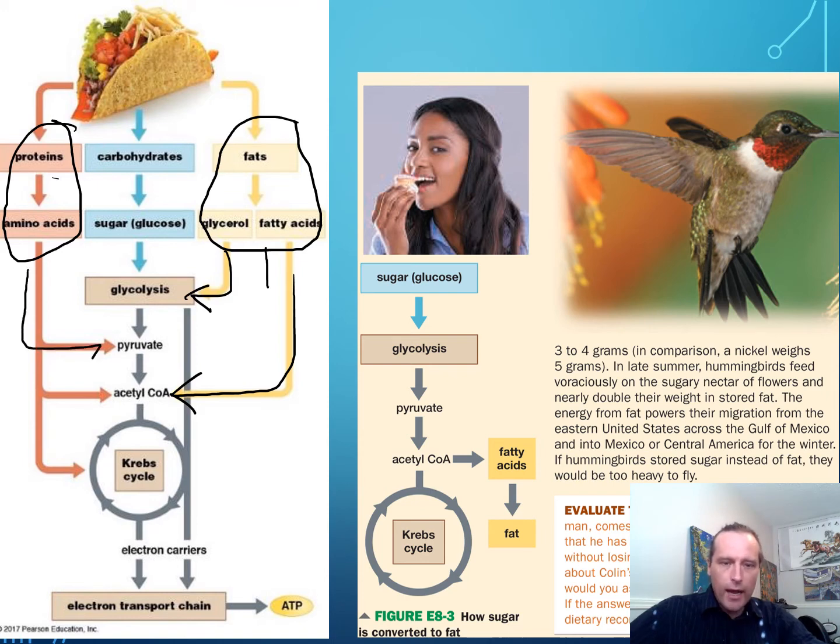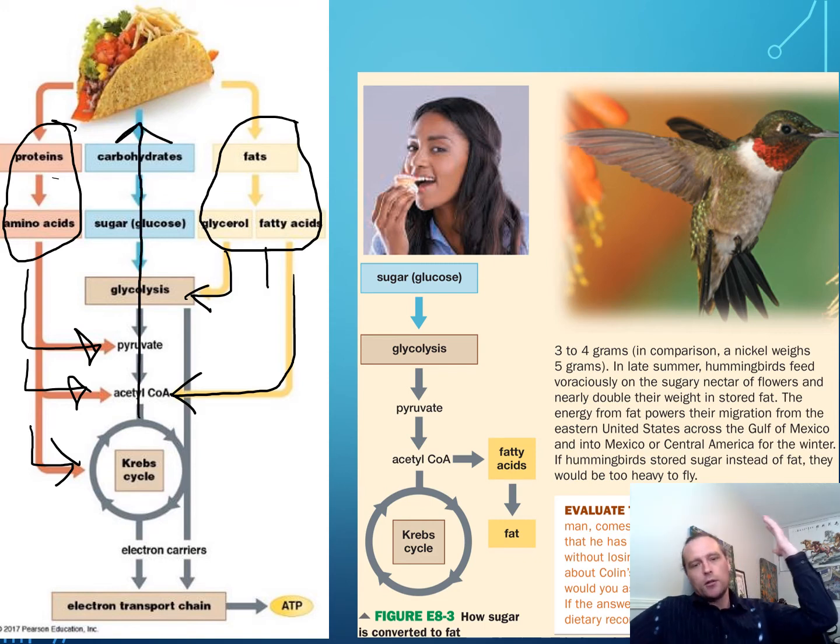They could be converted to any one of these things: pyruvate, acetyl-CoA, Krebs cycle, and all these reactions can be reversed. So, going against traffic, we can just produce glucose for the brain. So that's why eating protein only, there's no problem supplying the body with blood sugar. All these reactions are reversible.